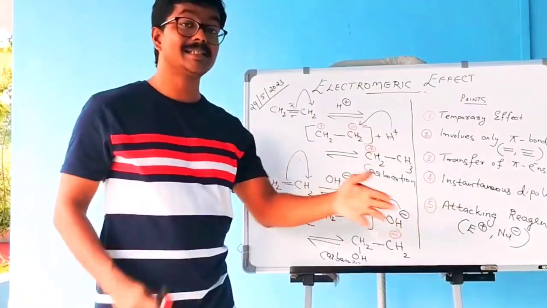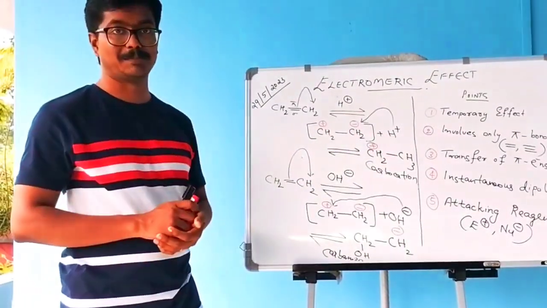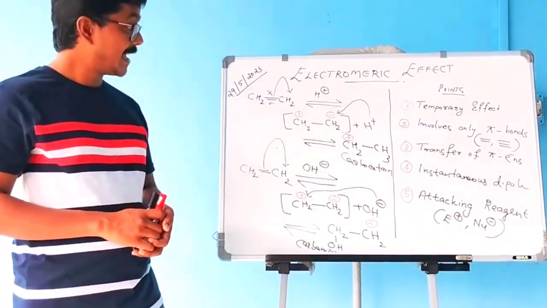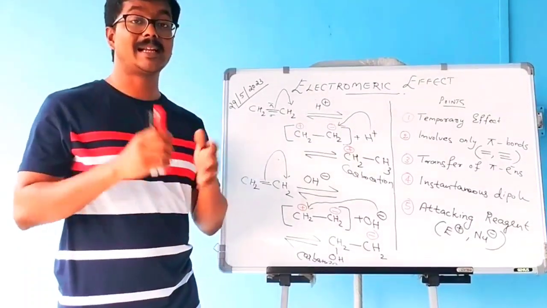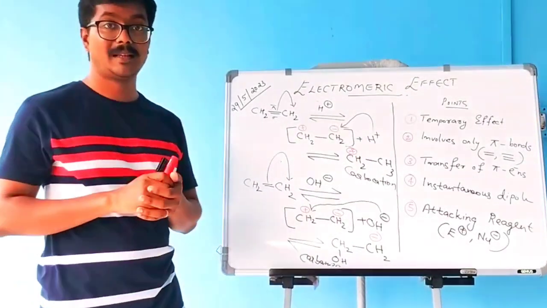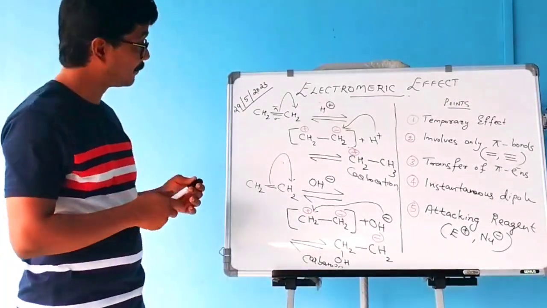When the attacking reagent is removed, it regains its original electronic condition. This effect is known as electromeric effect. There are two types of electromeric effect, classified as plus E and minus E, or positive electromeric effect and negative electromeric effect.